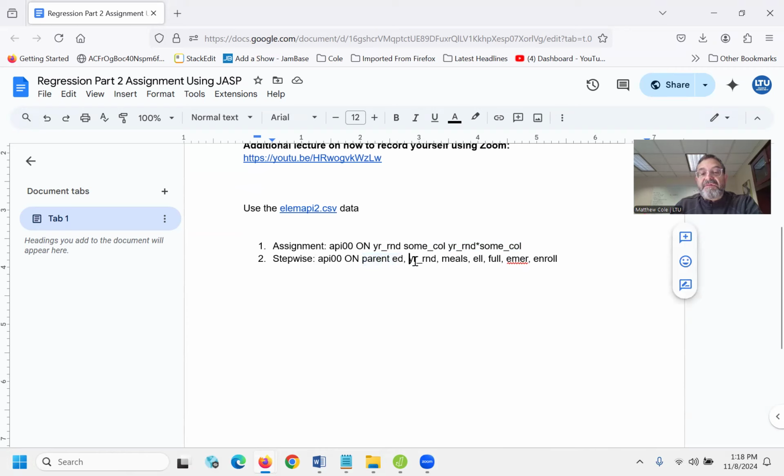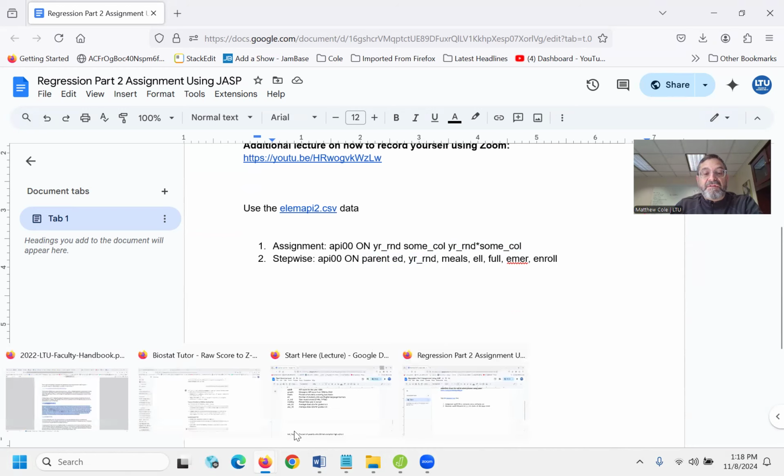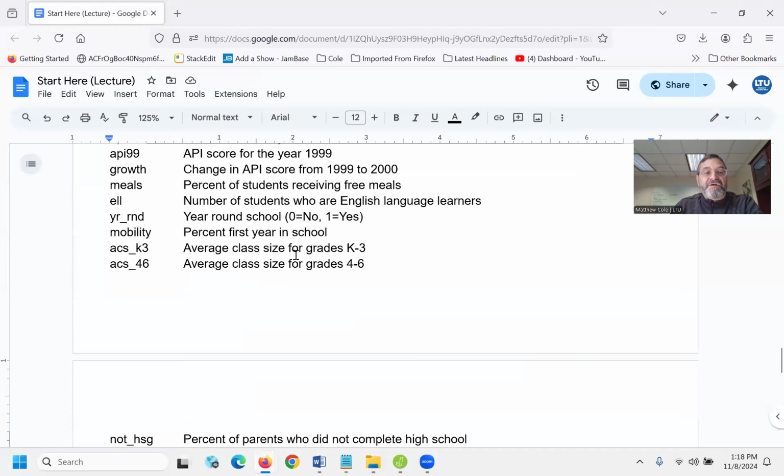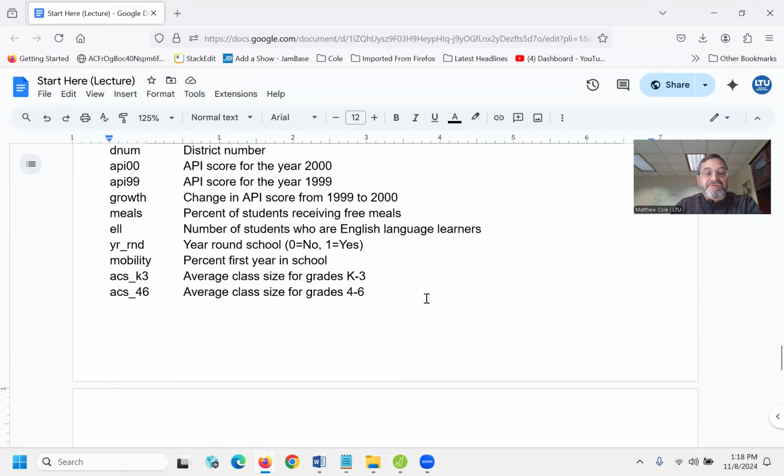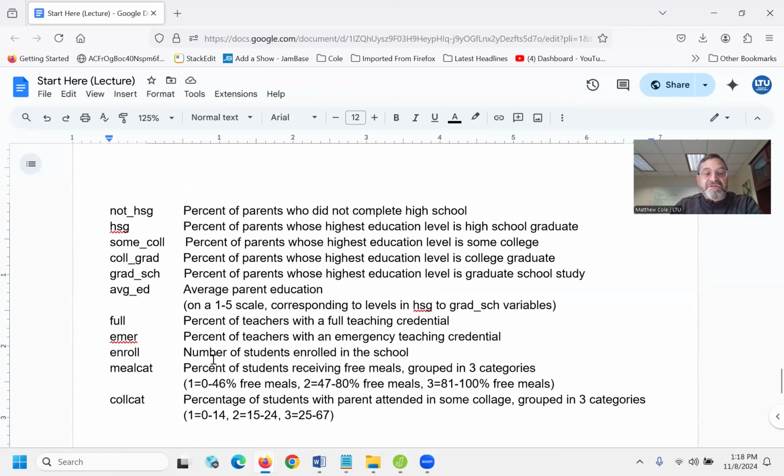I'll list them out: the year-round, the meals, English language, full credentials, emergency, enroll. And make sure you understand what those variables mean. Meals is percentage of students receiving free meals. Enroll is number of students, so that's how many kids there are in the school. And emergency is percentage of teachers with an emergency teaching credential.